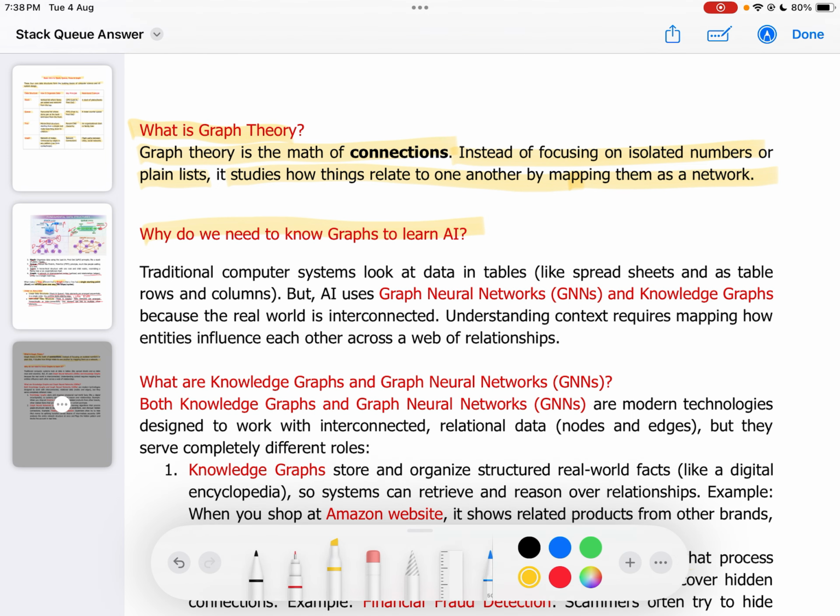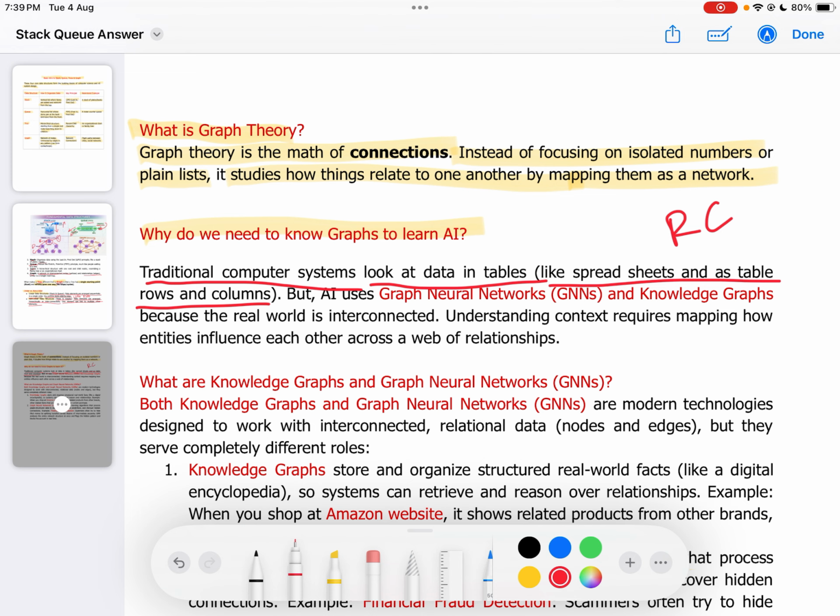Okay, till now, in traditional computer systems, before AI, we would have seen data in tables. You would have used MySQL, SQL Server, Oracle database. These are like spreadsheets, and data is arranged in rows and columns. You would have seen an Excel sheet. Same thing.